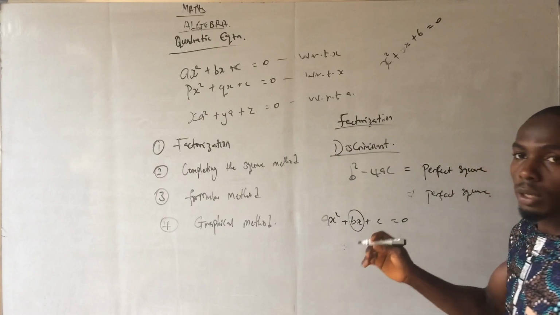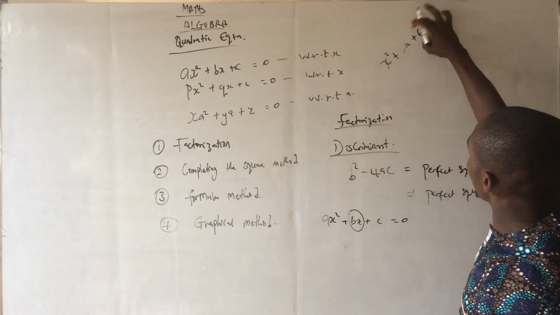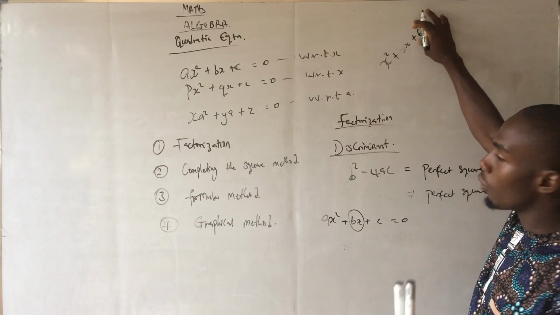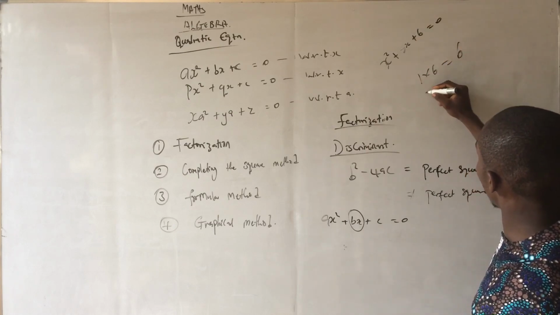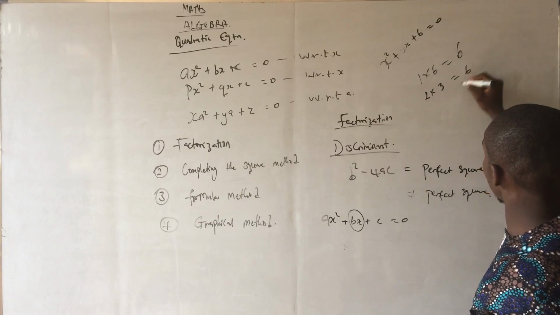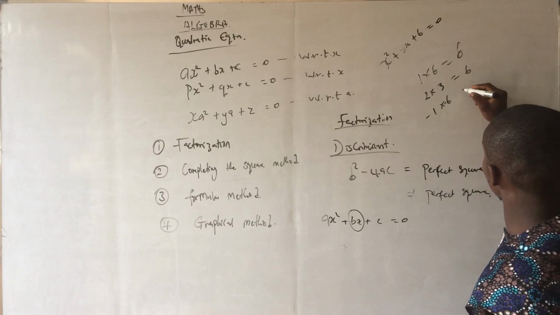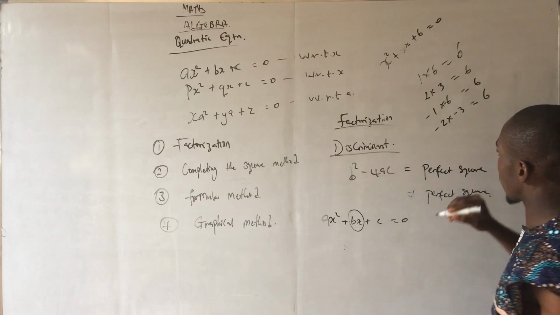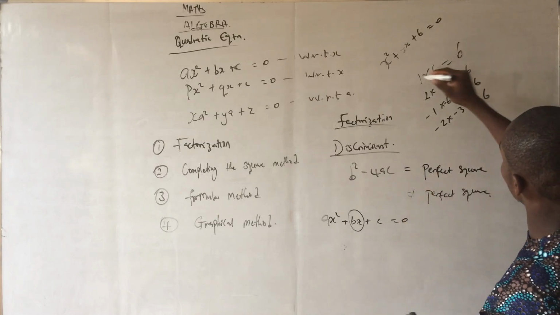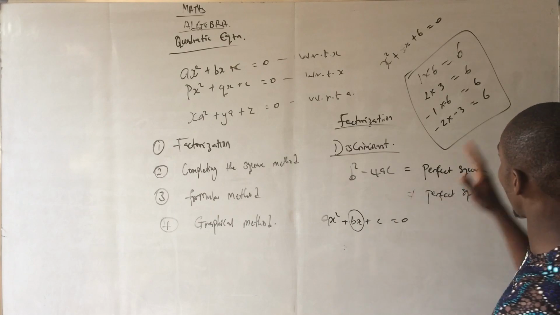Now we look for two values that are going to give us 5. We look for values that when we multiply together we have 6. We have 1 multiplied by 6 equal to 6. We have 2 multiplied by 3 equal to 6. We have -1 multiplied by -6 equal to 6, or -2 multiplied by -3 equal to 6. These are the factors that when you multiply together you have 6.